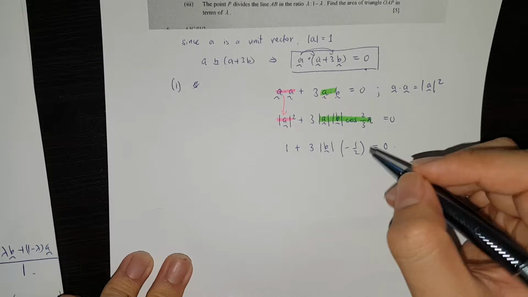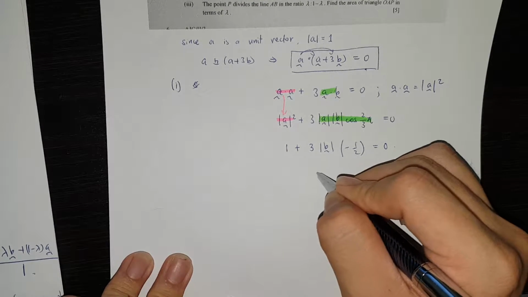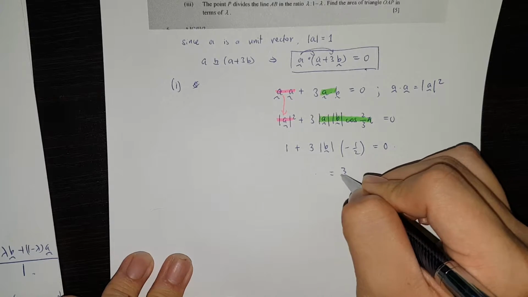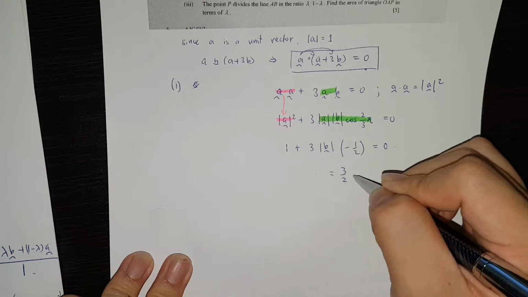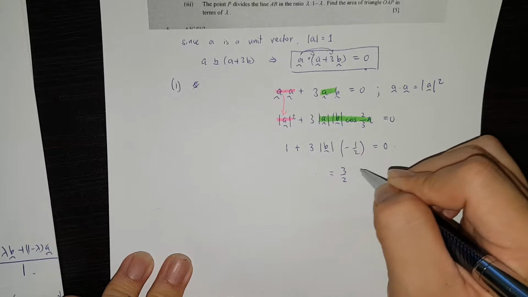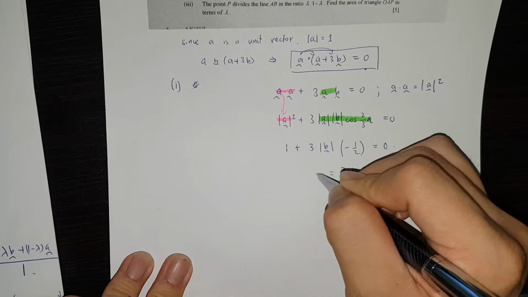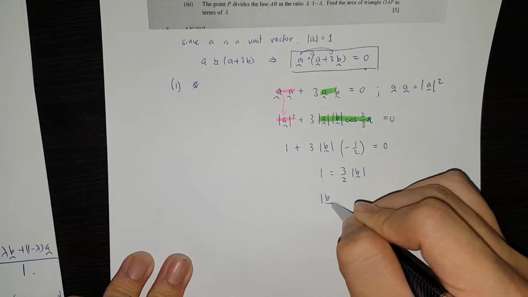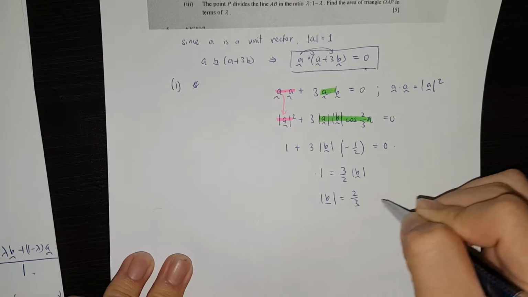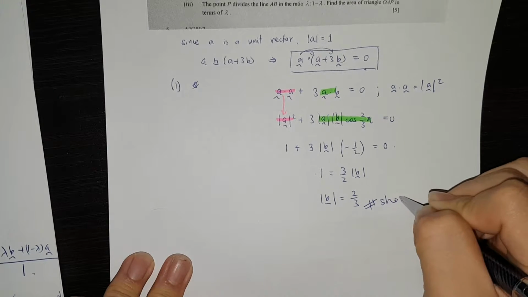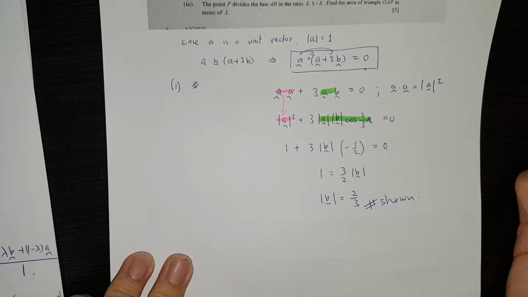So from here we get 3/2 mod b equals 1, so mod b equals 2/3. Okay, shown. This is the first part.